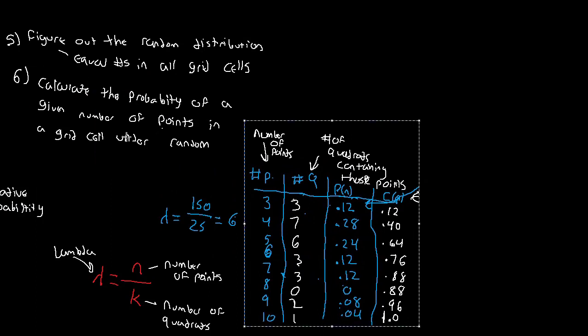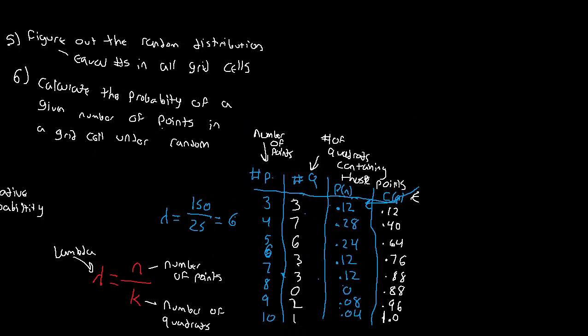All right, so if we want to calculate the probability under this new random distribution, which we said has an average grid cell count of 6 points, how do we figure out what the probability is of a grid cell under that distribution having 3 points in it? Well, there's an equation that we can use that looks something like this.